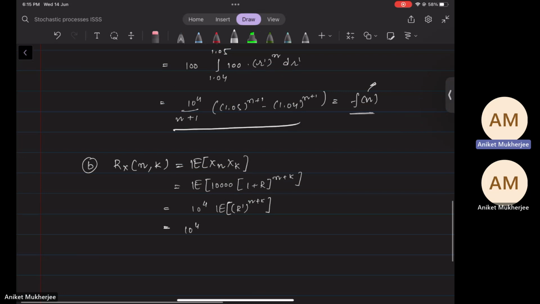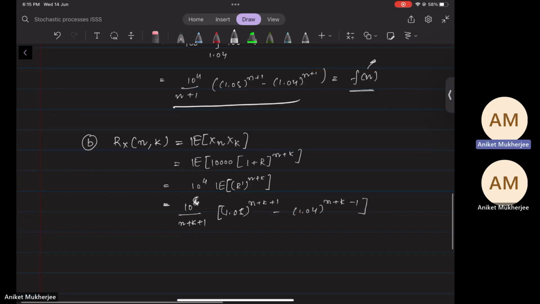And this will come out as 10 power 4 by n plus k plus 1, into 1.05 power n plus k plus 1 minus 1.04 power n plus k plus 1.